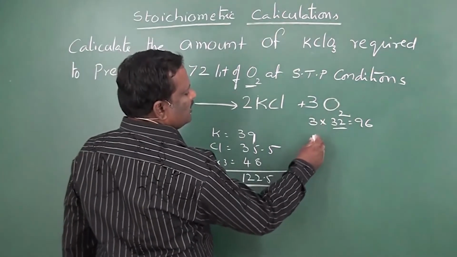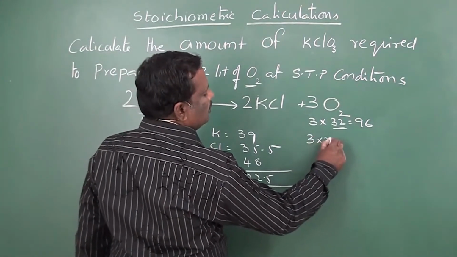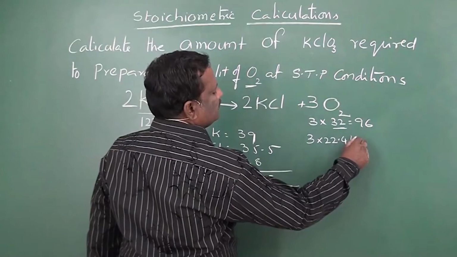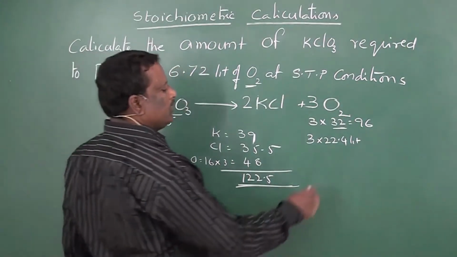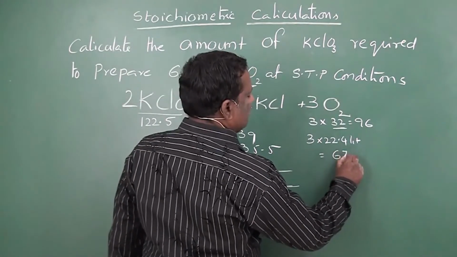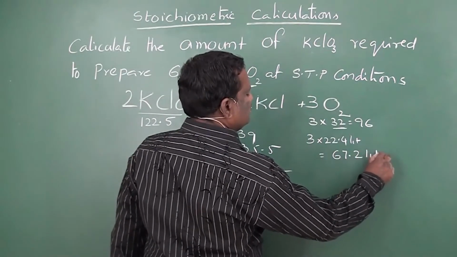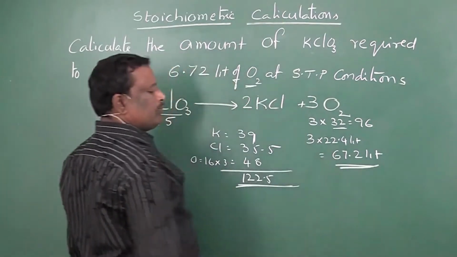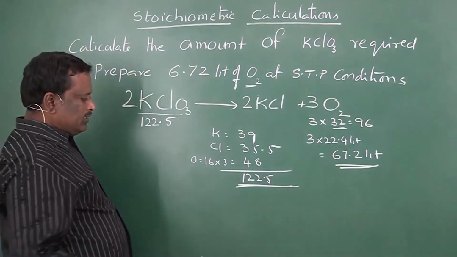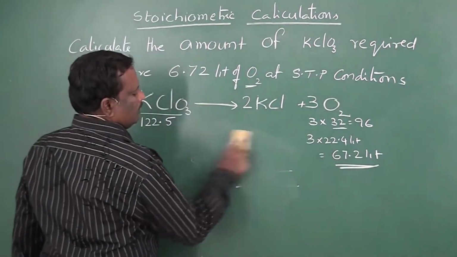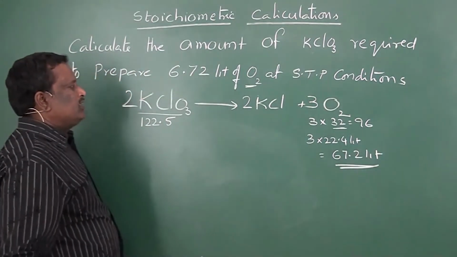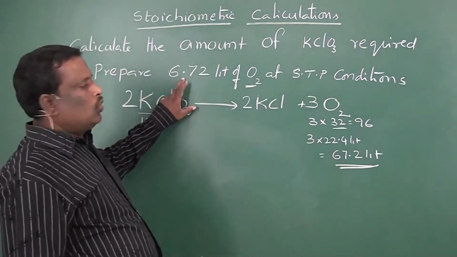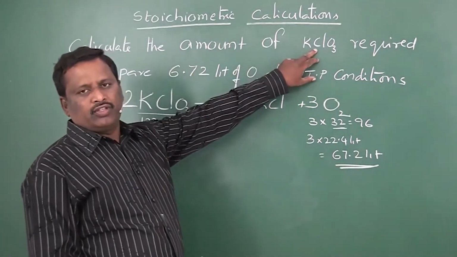So the volume of oxygen liberated is 3 into 22.4 liters, so it will be 67.2 liters. What they are asking is the volume of O2 gas, 6.72 liters, with what mass of KClO3.